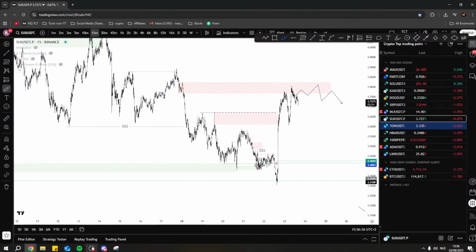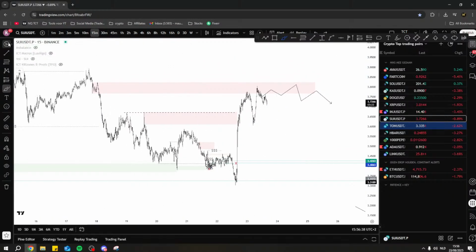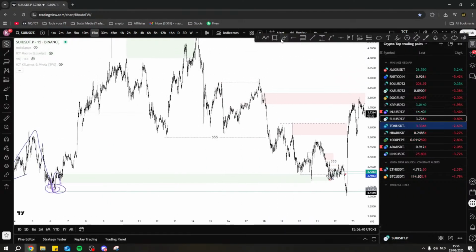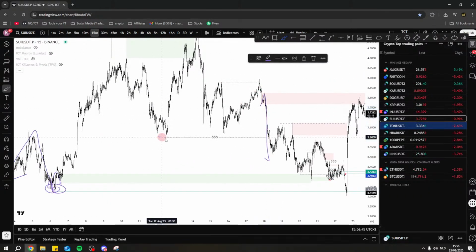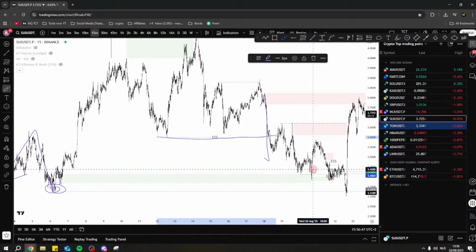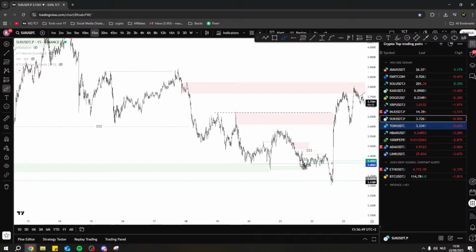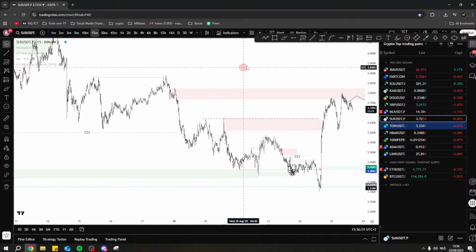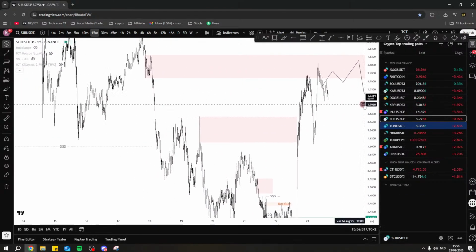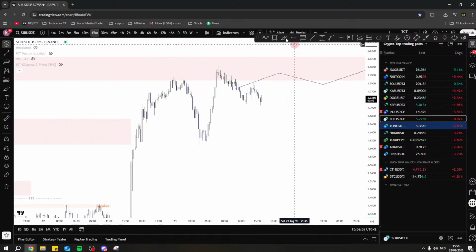I had this supply zone drawn in already, because we hunted liquidity here, and this was your last pullback before we made new lows. So definitely a relevant supply. A lot of imbalances below it as well. So that's why we are seeing this reaction.